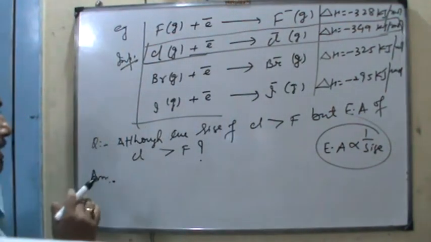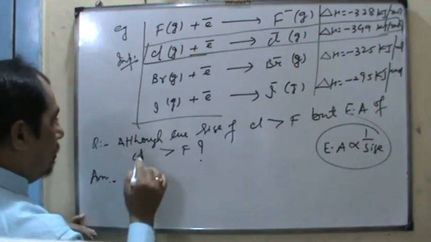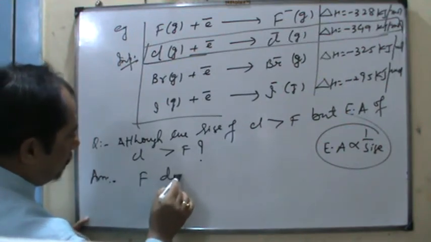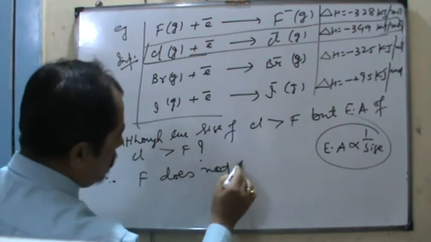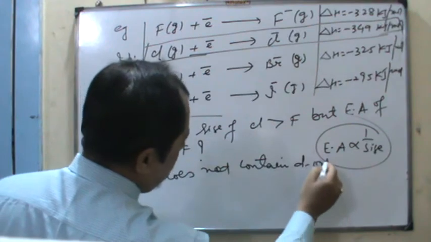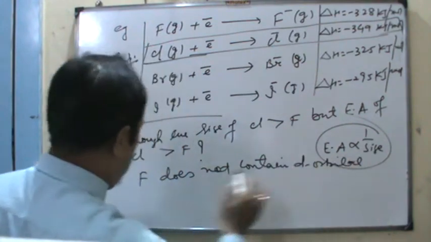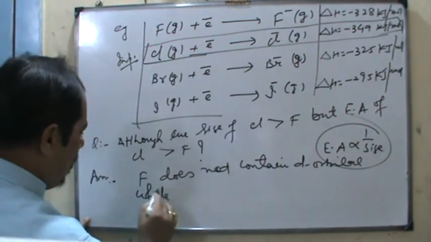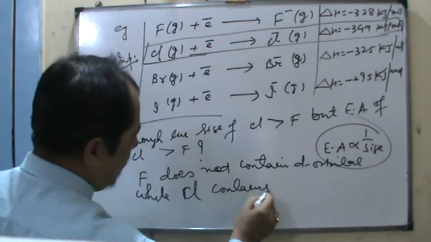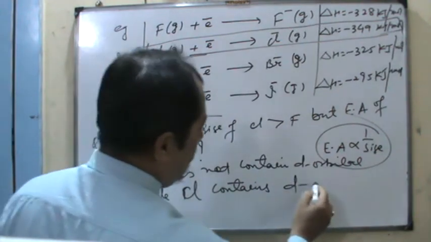But the reason behind it is, see, fluorine does not contain d orbital, while chlorine contains d orbital.